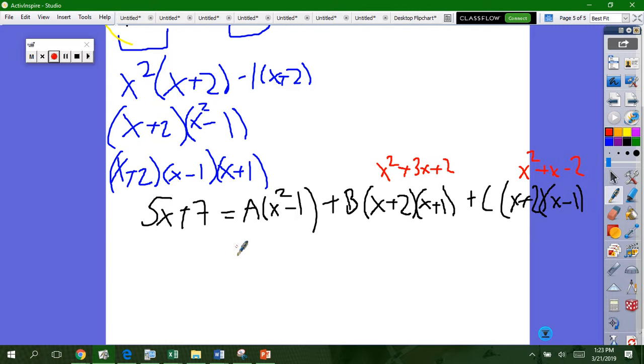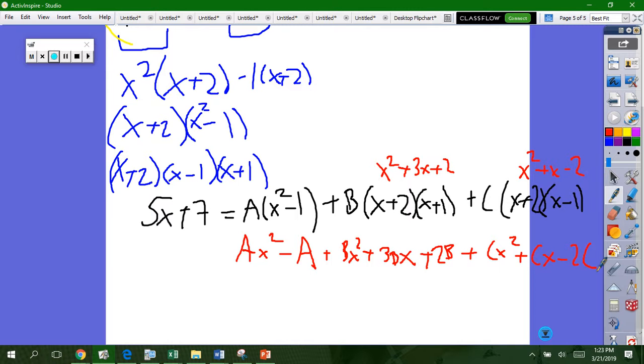And so then when I distribute them through, I get ax squared minus a plus bx squared plus 3bx plus 2b, plus cx squared plus cx minus 2c. Does anybody have a question on how I got that? I just distributed the a through each of those quadratic terms, correct?